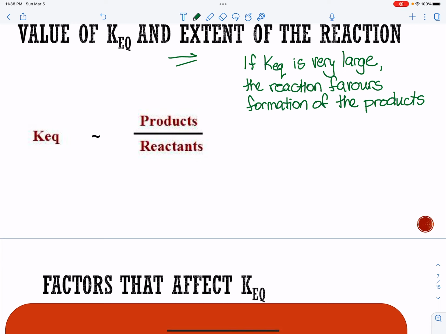If, on the other hand, KEQ is very small, and we're going to see some of those when we look at acid-base equilibrium and solubility as well, that means that the reaction favors formation of the reactants.